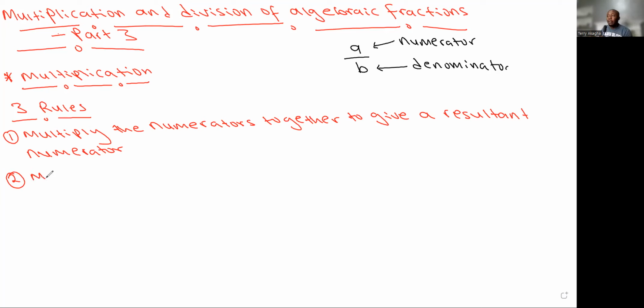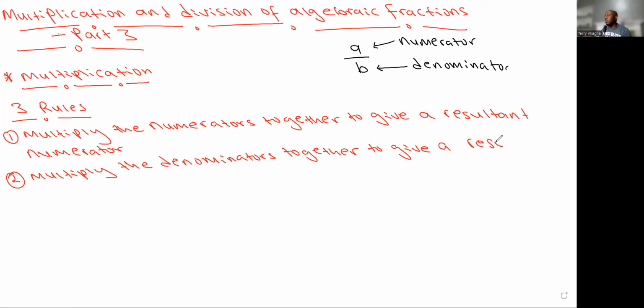So you multiply the denominators together to give a resultant denominator.